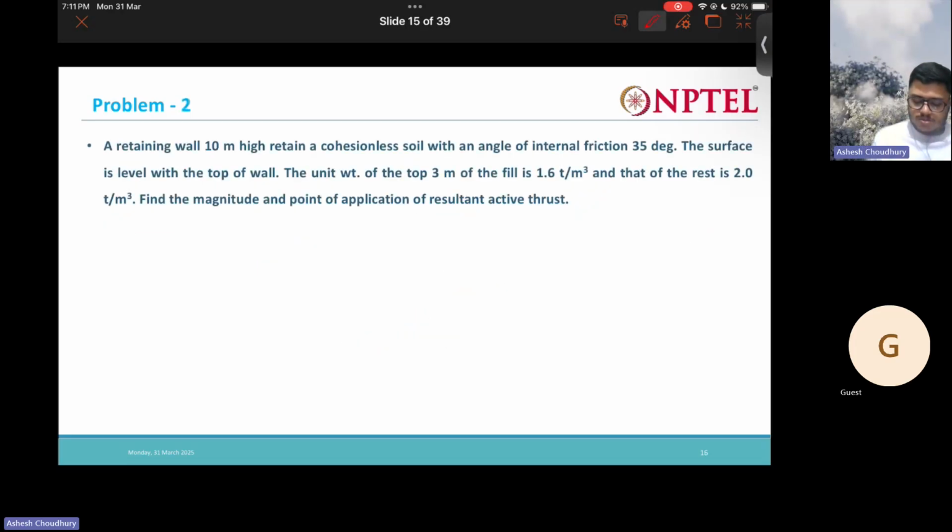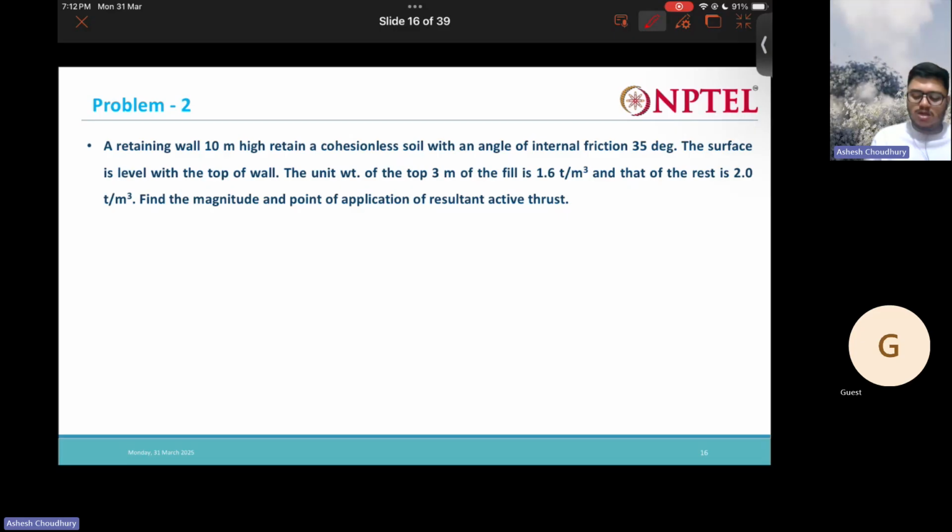So let us go to the next problem. Just see this problem. A retaining wall 10-meter high retains a cohesionless soil with an angle of internal friction of 35 degrees. The surface is level with the top of the wall. The unit weight of the top 3 meter of the fill is 1.6 tons per meter cube, and that of the rest is 2 tons per meter cube.